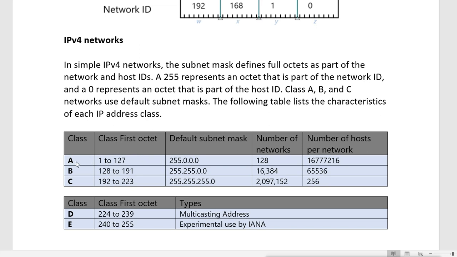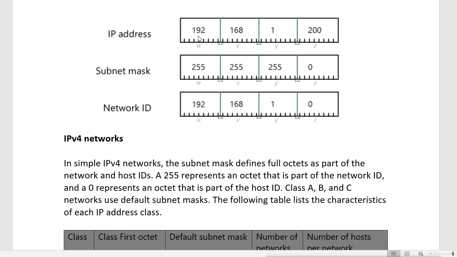If the first octet is a number between 1 and 127, it is considered class A. If the first octet ranges from 128 to 191, it is class B. And if the first octet ranges from 192 to 223, it is class C. As you can see, this one is 192, so this is class C.